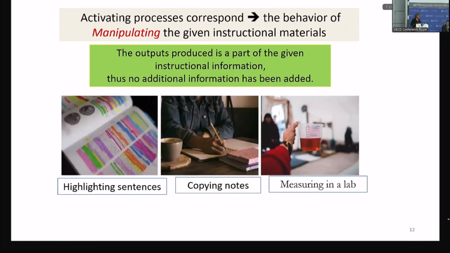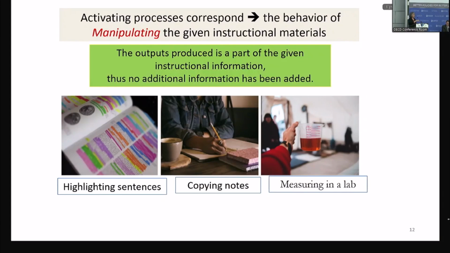The second level is the activating process, which corresponds to the behavior of manipulating the given instructional materials, with outputs that are part of the original input. So you produce no new output, you simply manipulate the input you were given. So an example is you're highlighting sentences, or you clip and highlight the sentences. The sentences you highlight are part of the instructional material, there's nothing new.